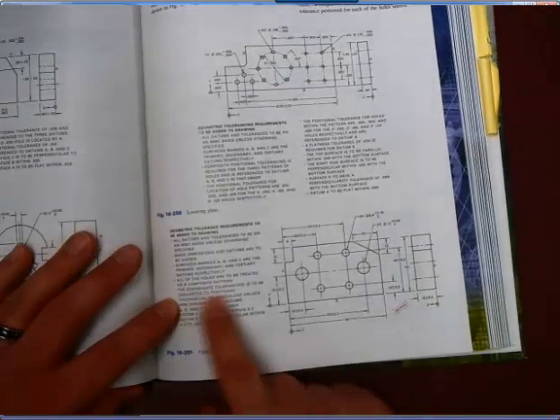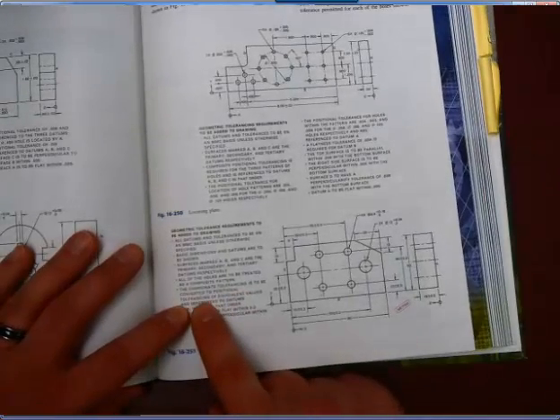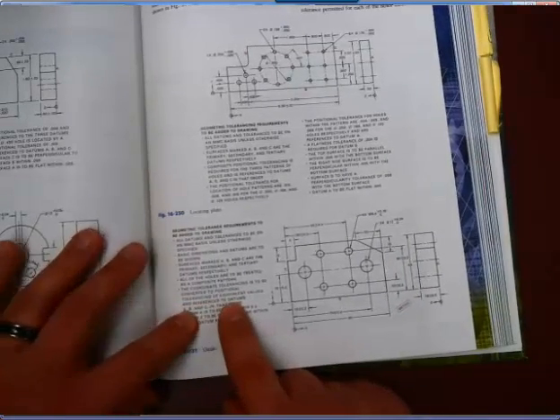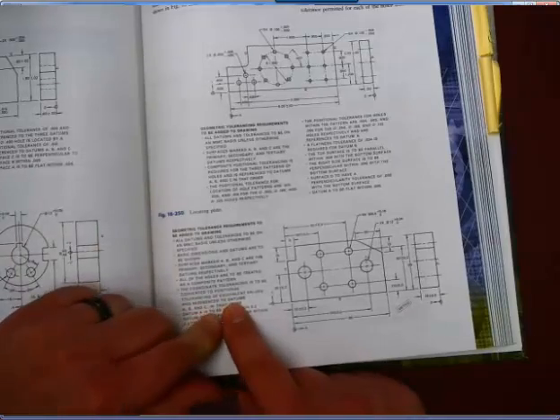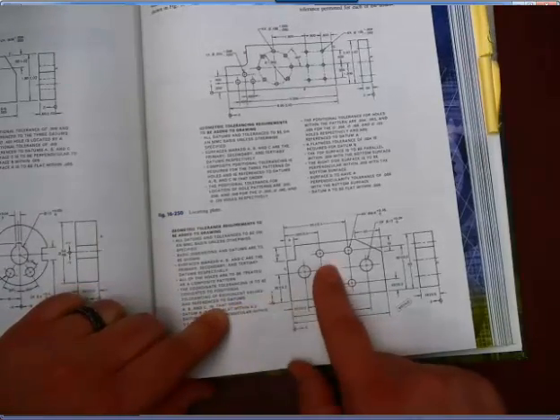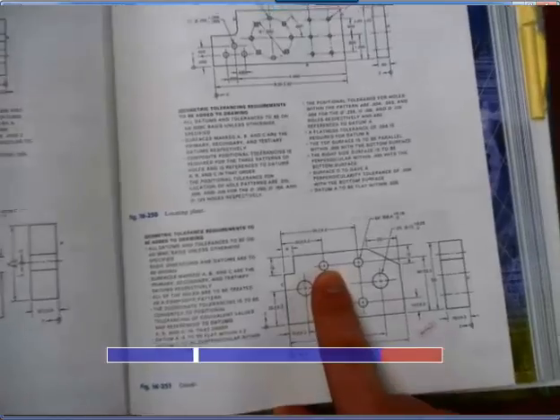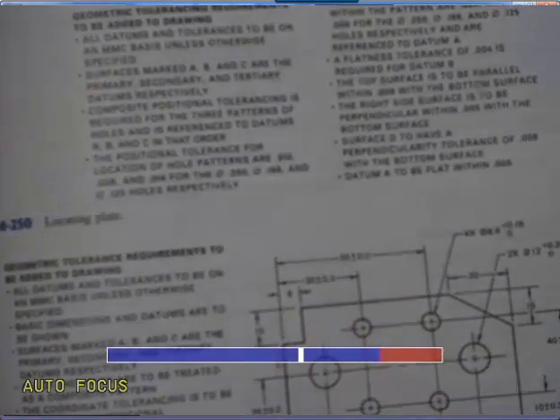So it does say the coordinate tolerancing is to be converted to positional tolerancing of equivalent values and reference to datums. So if I'm calling out, let's pick one of these holes.